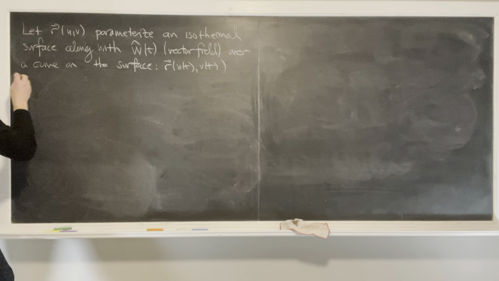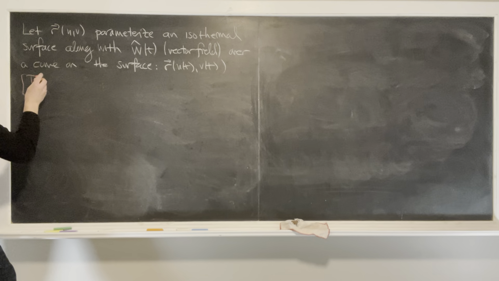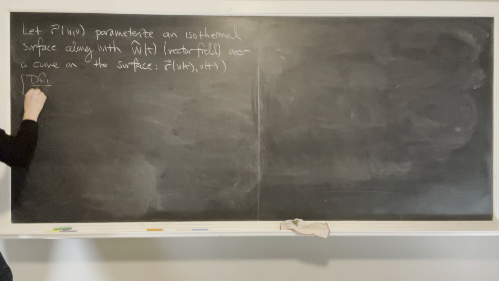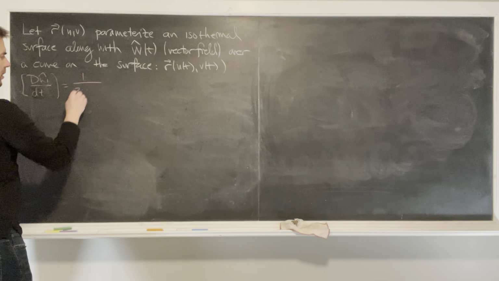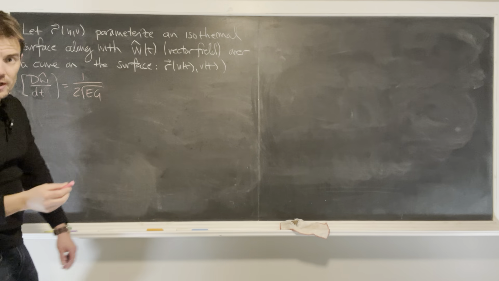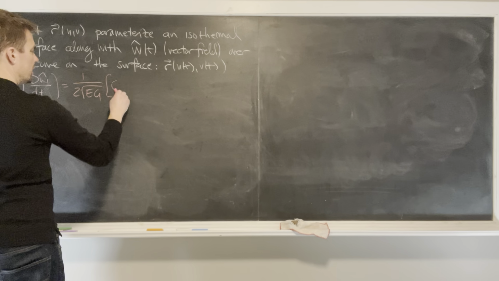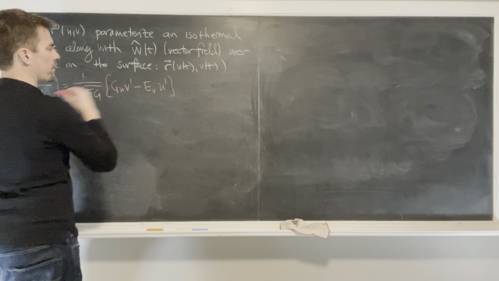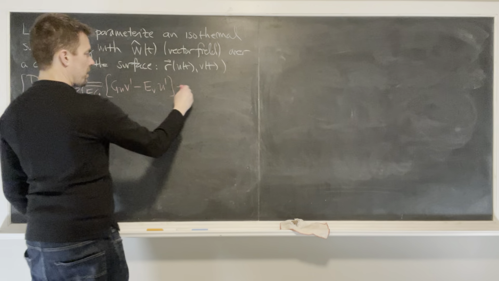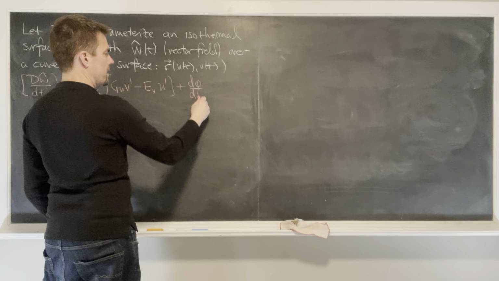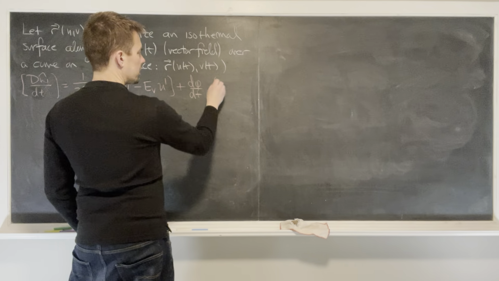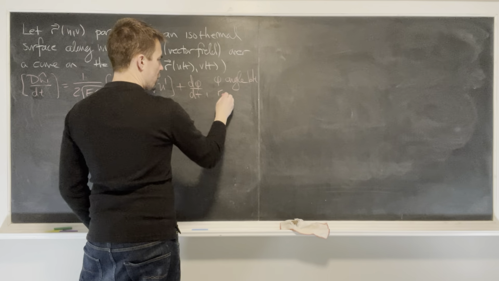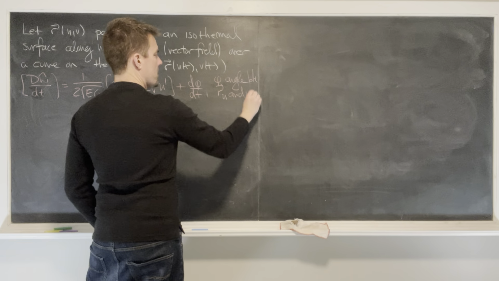Then dW/dt is 1 over 2 root EG, times (G_u V prime minus E_v U prime), plus the change in the angle, d phi/dt, where phi is the angle between R_u and W hat.